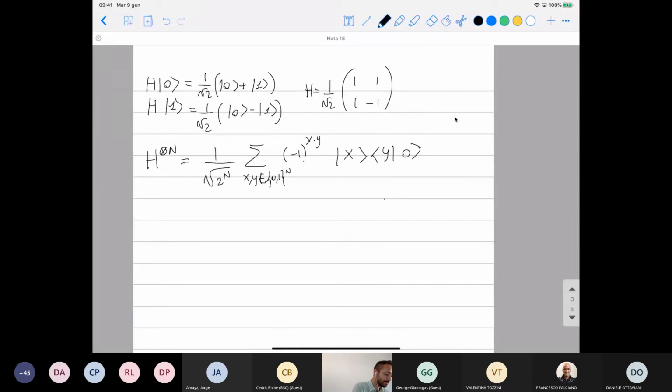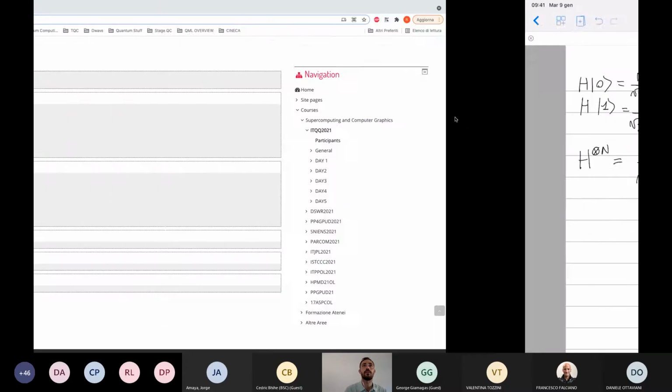We have seen that this also becomes 1 over square root of 2 to the n, sum over x. So you should have this in front of you.